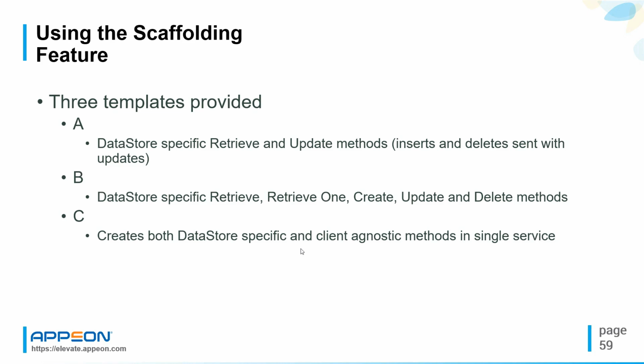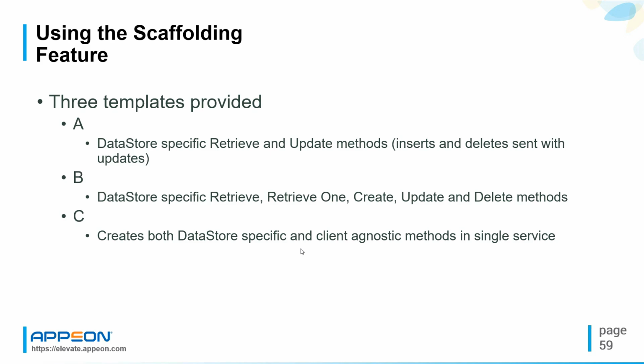So that's really where this third option goes, and it's actually kind of nice, because what it does is it creates both the data store specific and client agnostic methods using the data store.